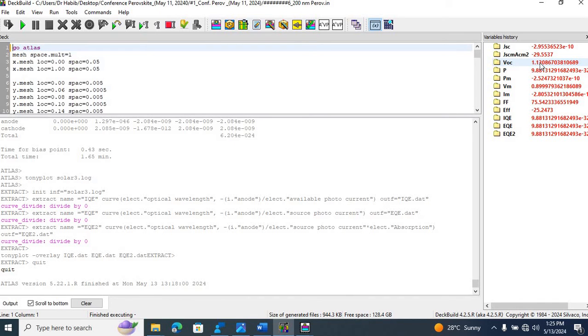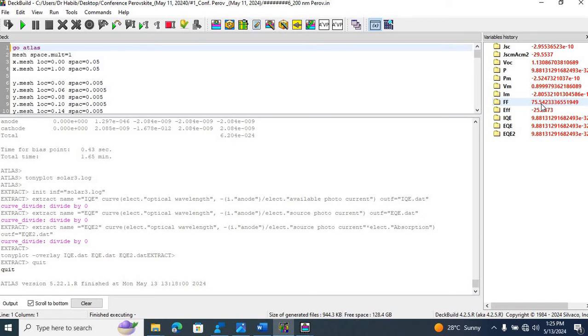Our open circuit voltage is 1.13. The maximum power is 2.52 10 to the power minus 10. The maximum voltage is approximately 0.9 and the maximum current is 2.80 10 to the power minus 10. The fill factor is 75.5.